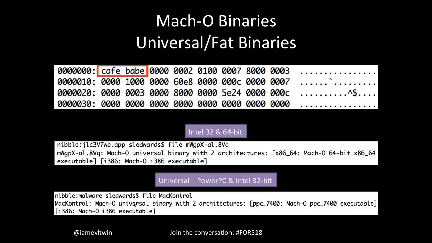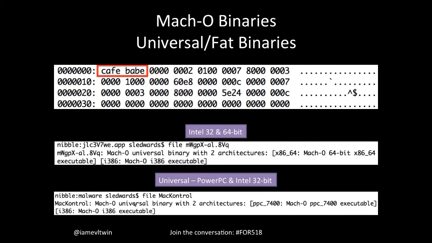So moving on to the fat binaries, those Cafe Babes. A couple of examples here. In the middle of the screenshot, I have an example of another one of those Crisis executables that actually contains 2 architectures, a 64-bit and a 32-bit. Now, why might they want to do this? Mostly because during the transition from 32-bit to 64-bit hardware that happened a few years ago, you could actually execute this file on any platform.